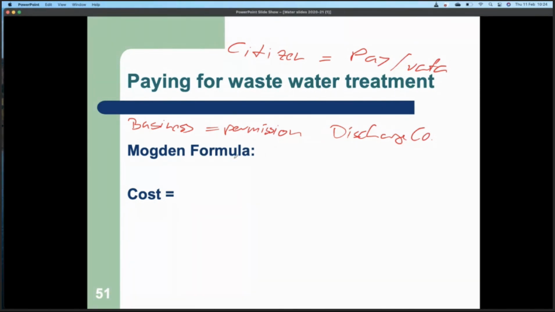The Mogden formula is basically a calculation of the cost that you pay as a business for discharging the water, and that cost is calculated based on the regional conditions and requirements and maybe limitations.